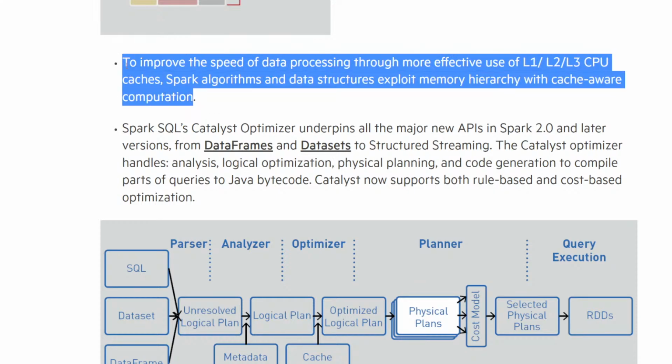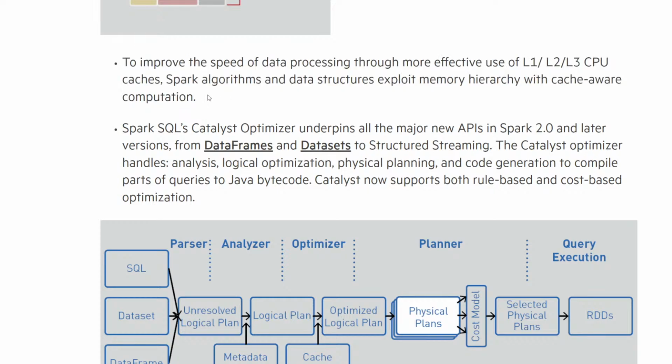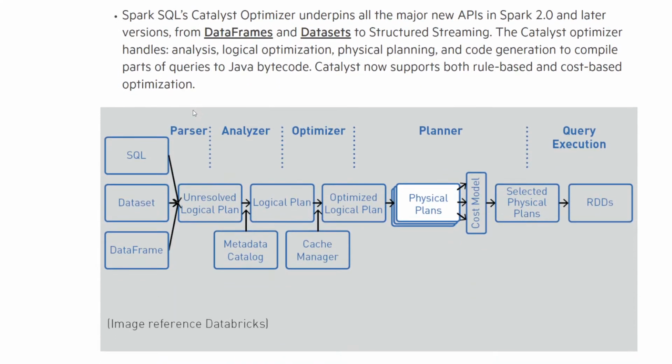So within the programs that you write, internally Spark makes it cache aware. It understands which data is cached in what kind of cache, whether L1, L2, or L3, and then processes it.